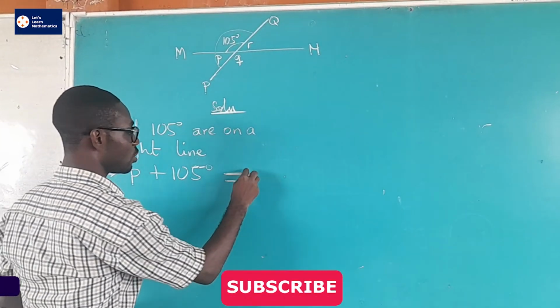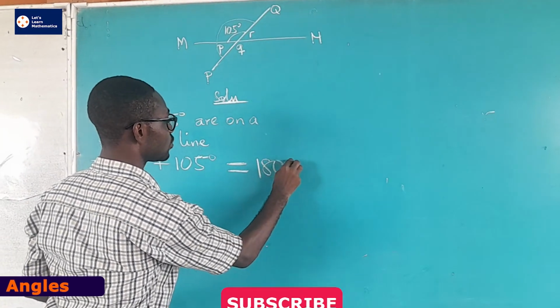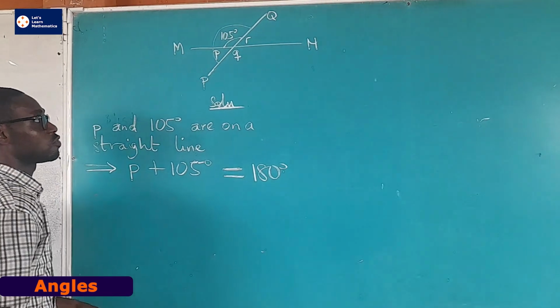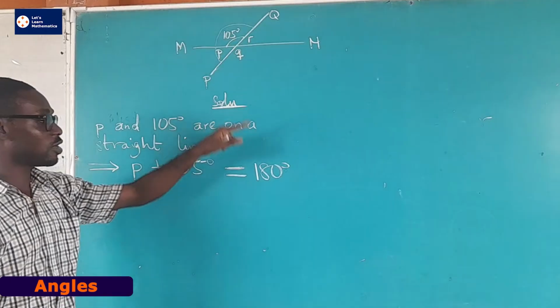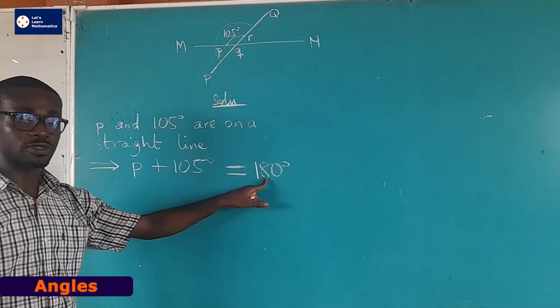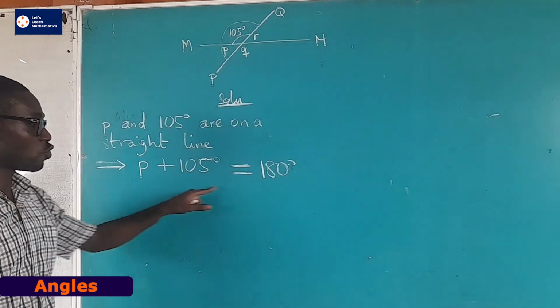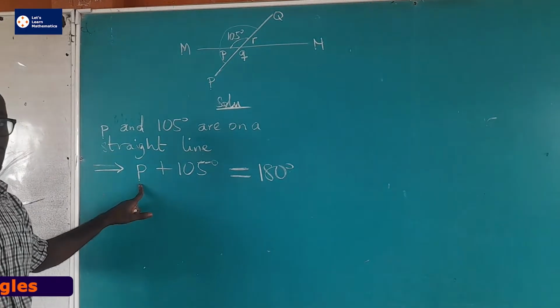And the straight angle is 180 degrees. So when we add P to 105, it should give you 180 degrees. So you can use this equation to solve for P.